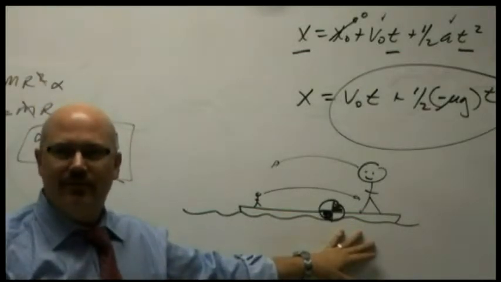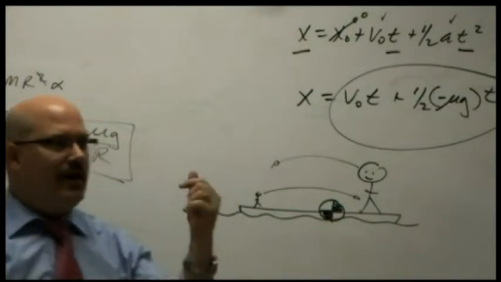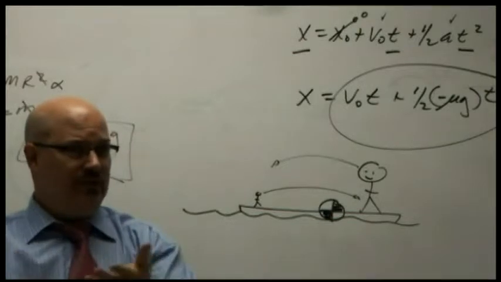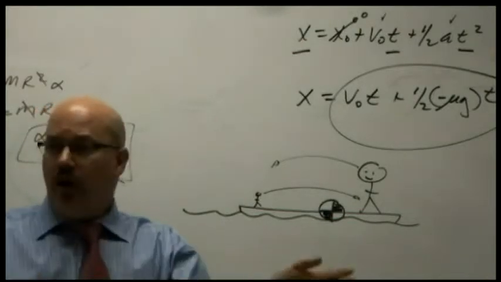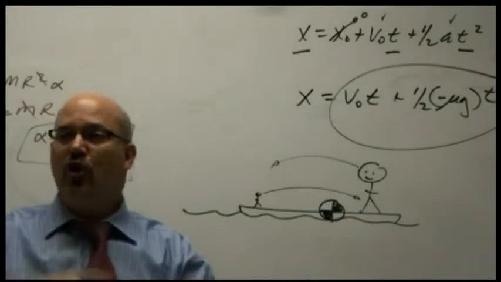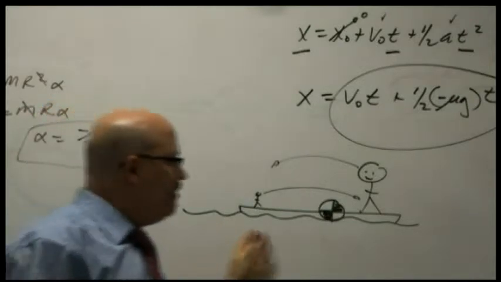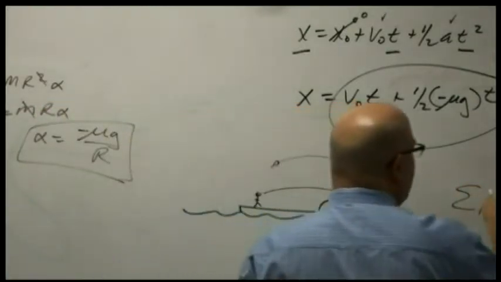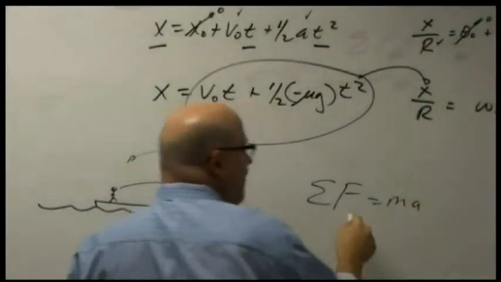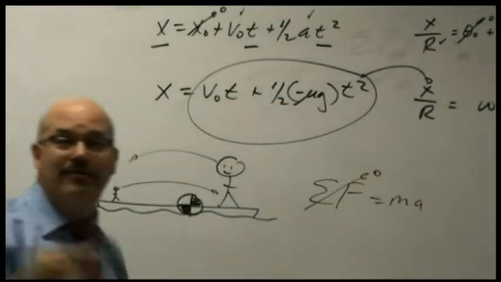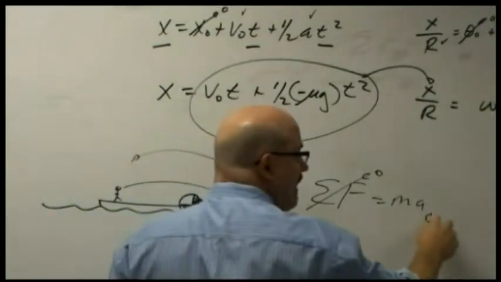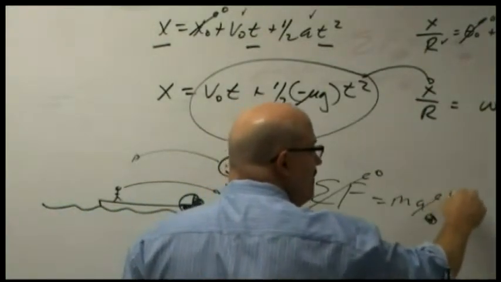If there's no net outside force, no matter how fast you walk, then since the sum of the forces equals ma, and this is 0 for outside forces, the acceleration of the center of mass will be 0.